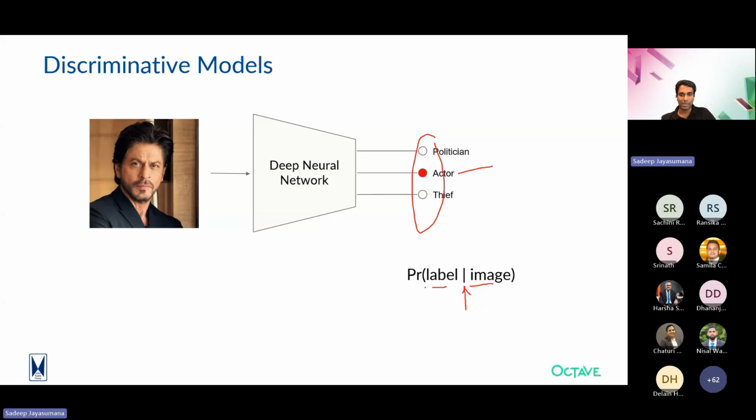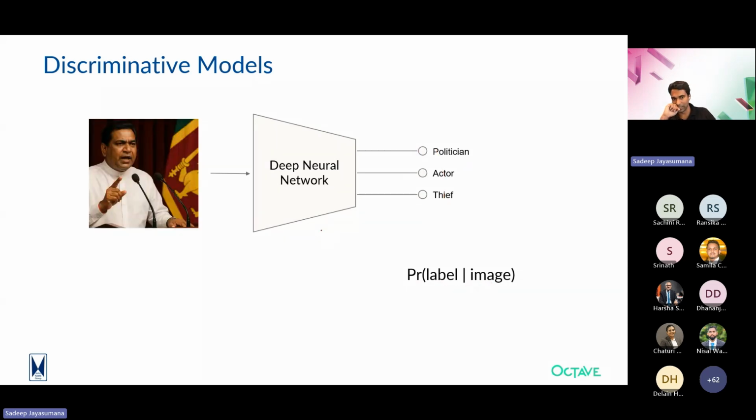Sometimes instead of giving a single label, you might have to give a probability distribution. Here in this case, it's very clear that they are an actor. But if you have someone like this, a Sri Lankan politician, then you have the question: are they a politician, or an actor, or a thief? That could be a little ambiguous.